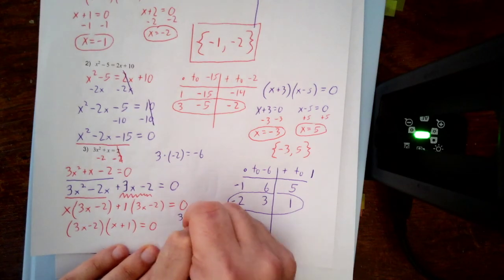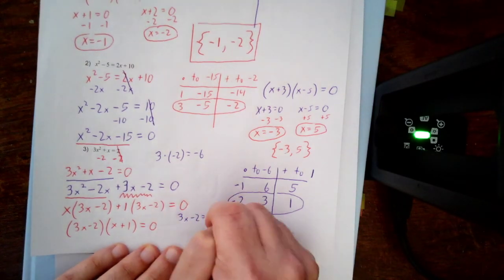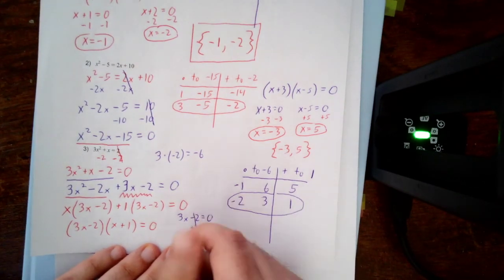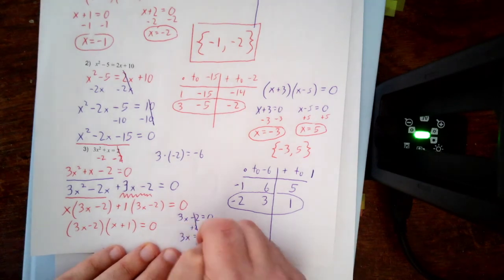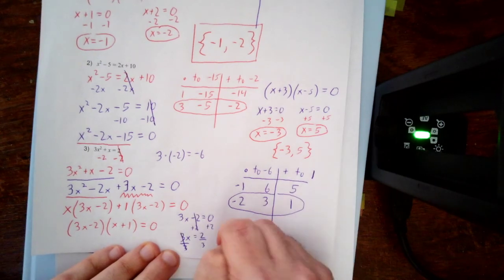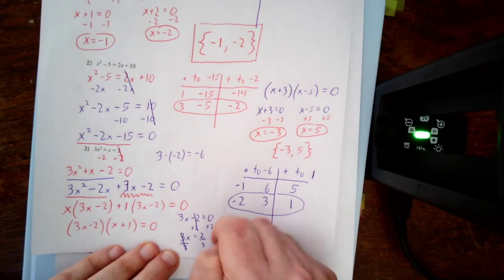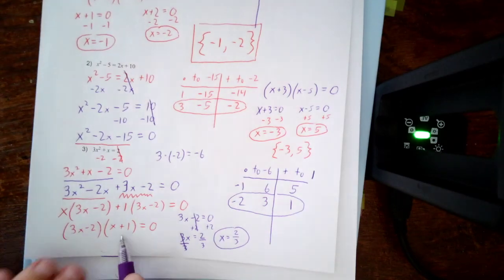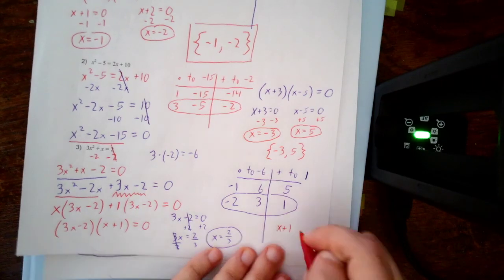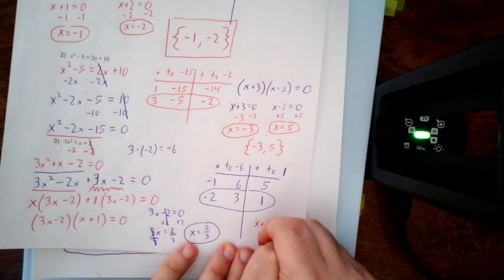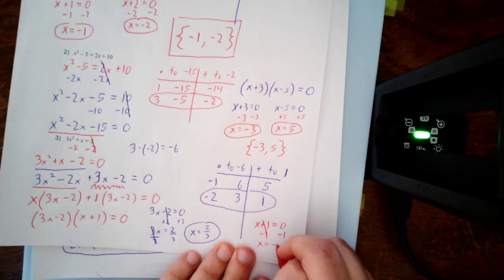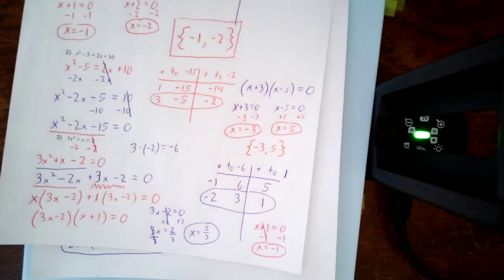I have 3x minus 2 equals 0, which I can add 2 to both sides, which will give me 3x equals 2, which I could then divide by 3, which gives me x equals 2/3 as one of my solutions. And then the other one, x plus 1, let's write it over here. x plus 1 is equal to 0, I can subtract 1 from both sides. To solve that one is x equals negative 1.